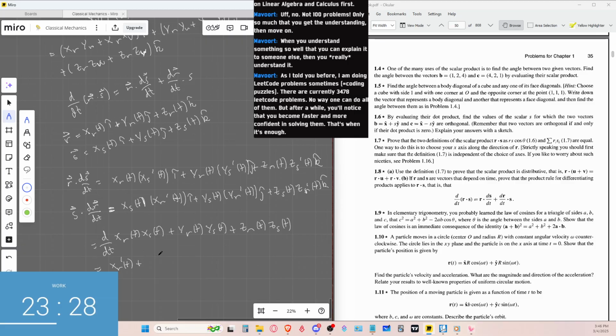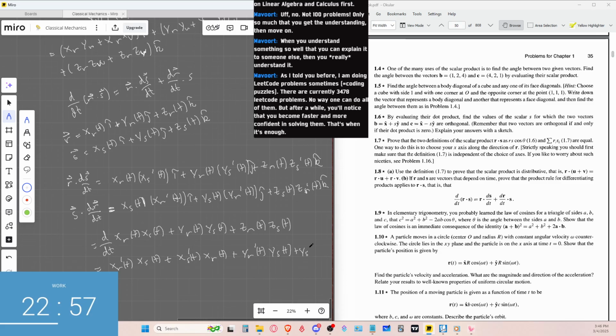So then it would be plus s of t, and then plus that, so r of t times s of t, then plus.